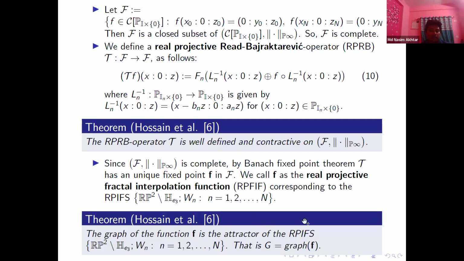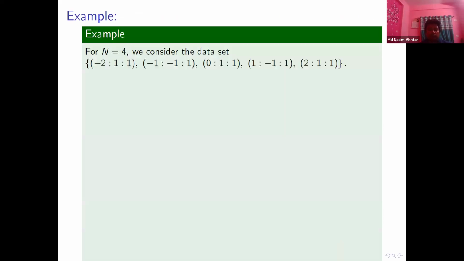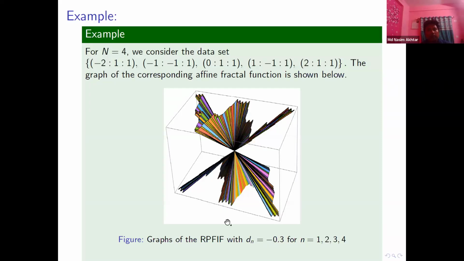So this is the main result: the graph of the function f is the attractor of the RPIFS. And this is an example. We have done it for N equals 4, and this is the data for which this is the real projective fractal interpolation function, with scale vector dn equals minus 0.3.